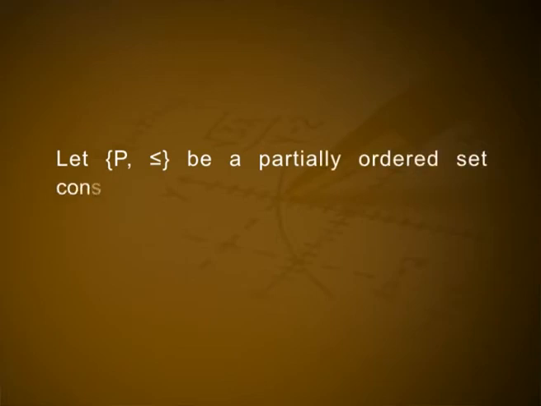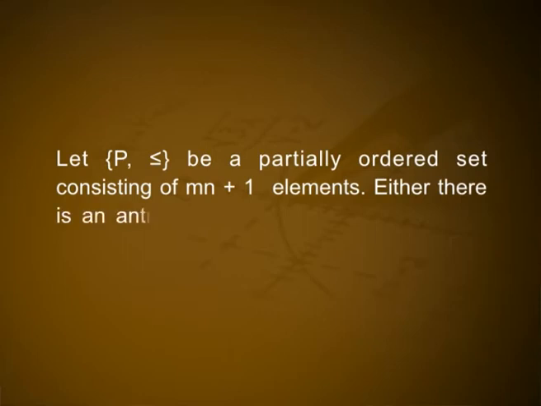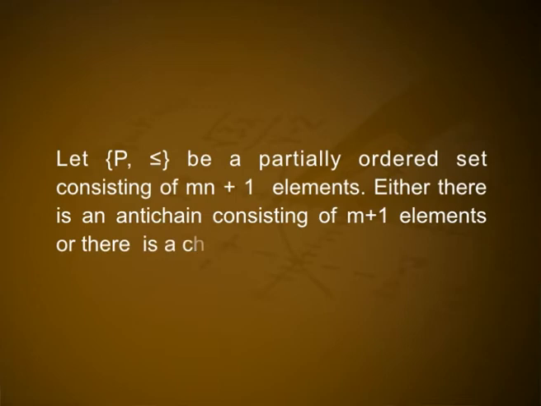Thus, P can be partitioned into n disjoint anti-chains. Corollary: let (P, less than or equal to) be a partially ordered set consisting of mn plus 1 elements. Either there is an anti-chain consisting of m plus 1 elements or there is a chain of length n plus 1 in P.